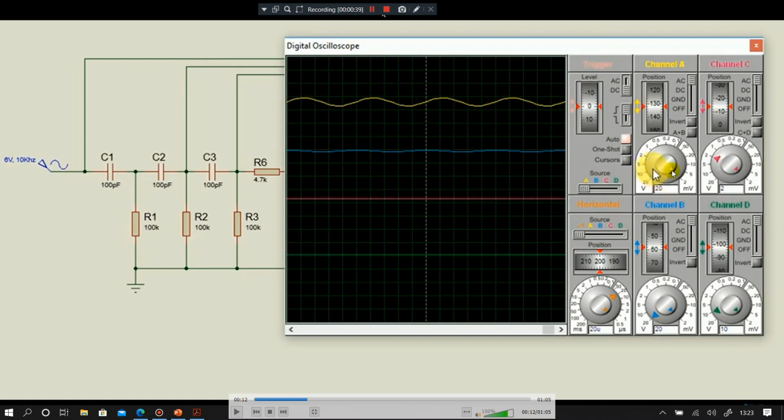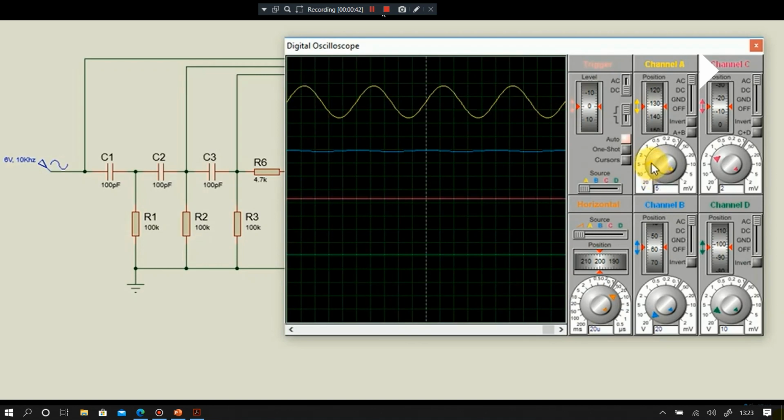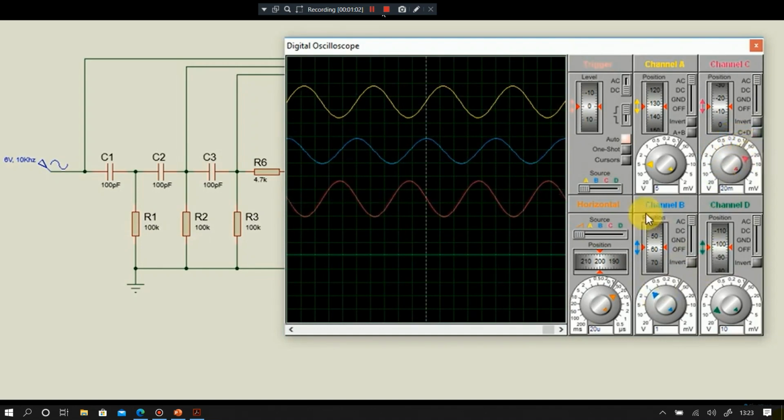Let me explain this. Just changing the settings here, that is the amplitude variations of channel B and channel C. We are taking 4 channels.